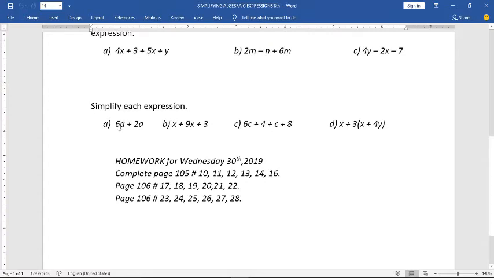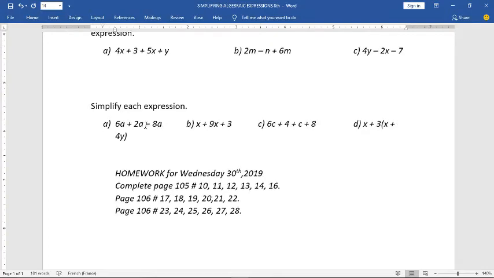You add two terms that are alike. If they are not alike, you cannot add them up. For example, if we have 6a plus 2a, we will have 8a as answer. We add them up together because they are like terms.